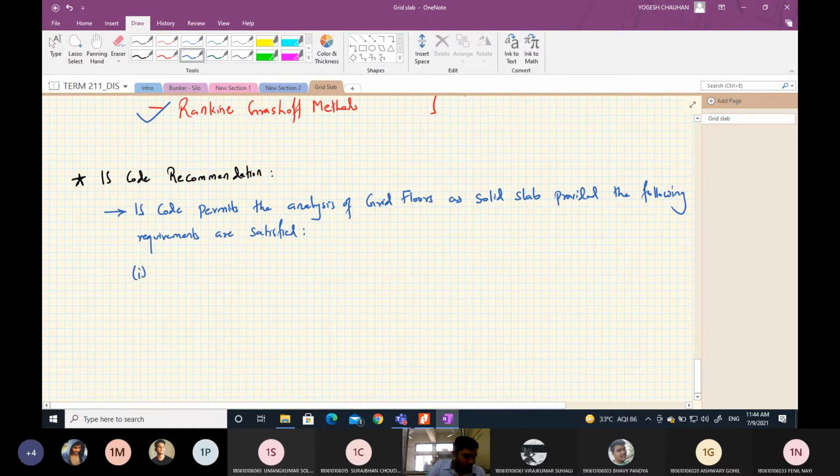The first condition is that the spacing of the beams should not be more than 1.5 meter.